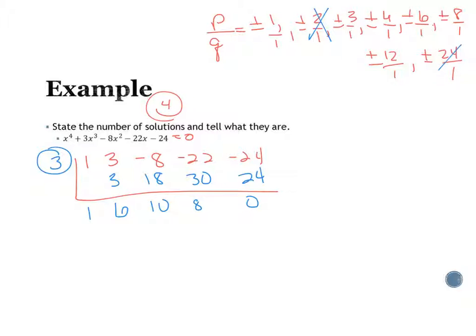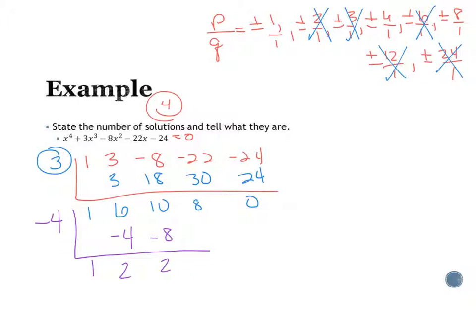So we could get rid of the 24 and the 12 and the 6 and even the 3. Alright, so we're left with 1, 4, and 8. I'm going to try negative 4. So here we're going to have negative 4, so we're going to drop, multiply, add, multiply, add, multiply, there we go, add. So negative 4 is the solution.